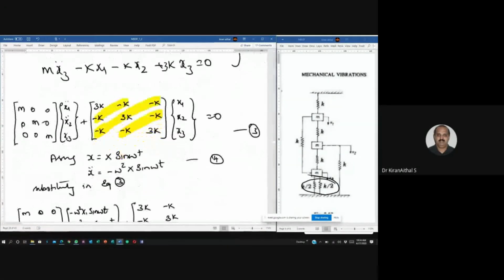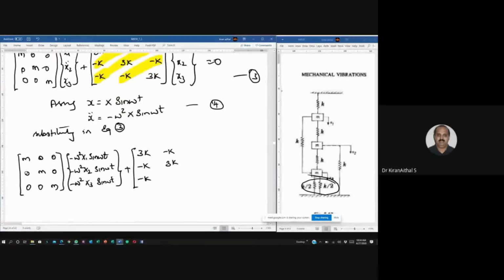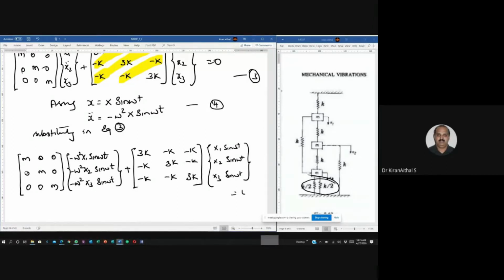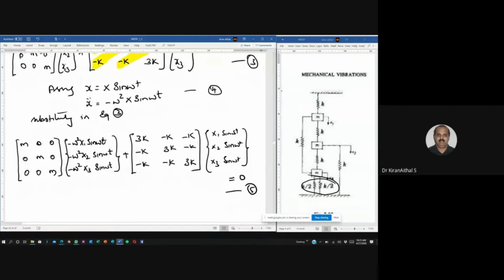Sorry for that, I made a small mistake there. Then minus k here, minus k and 3k here, right? Then this becomes x1 sine omega t, x2 sine omega t, x3 sine omega t is equal to 0. This becomes equation number 5, right?